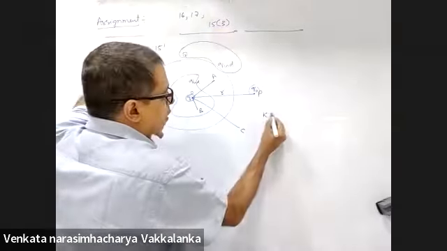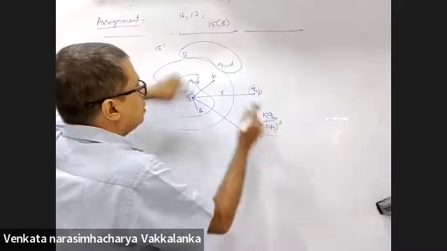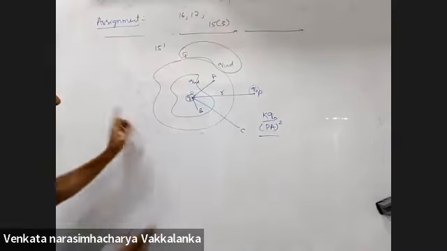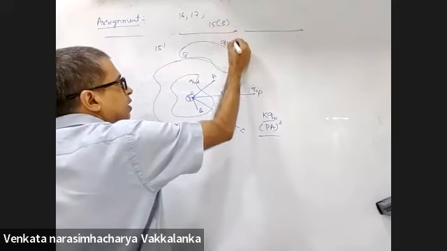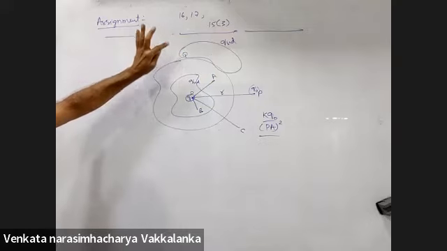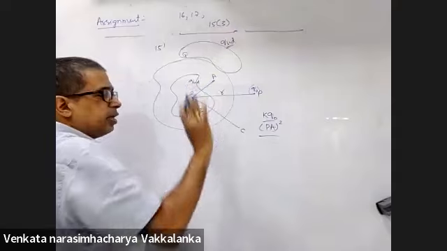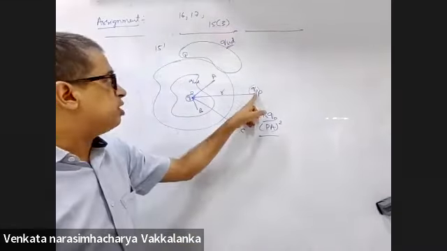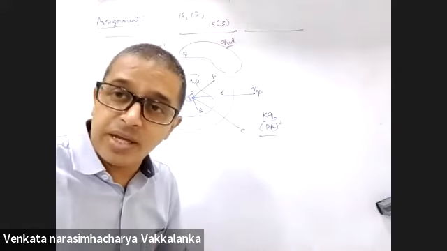Because of Q naught, KQ naught by PA whole square is the field because of net induced charge on the outer surface. Total charge on the outer surface, I will call it Q induced. You are given some charge to it, right? That capital Q, Q induced, everything put together, you are calling it Q induced on the outer surface. Right? This plus Q induced put together should give me 0 here. Do you agree with that?